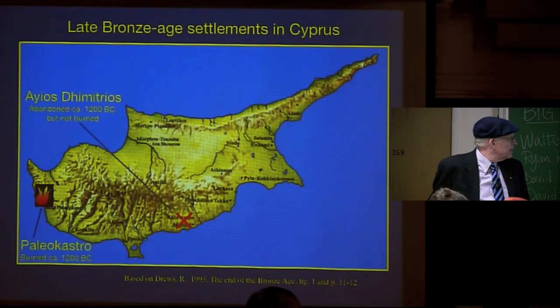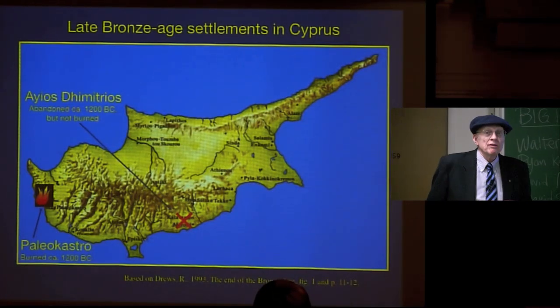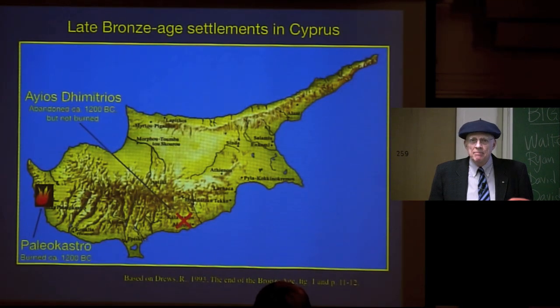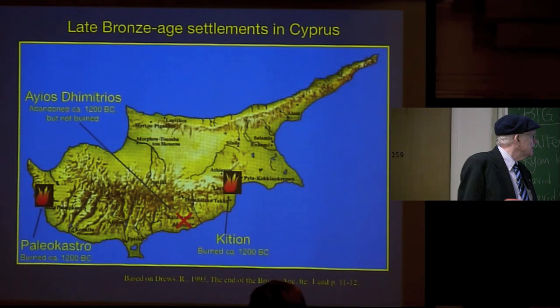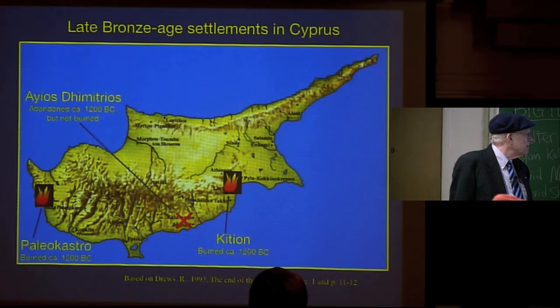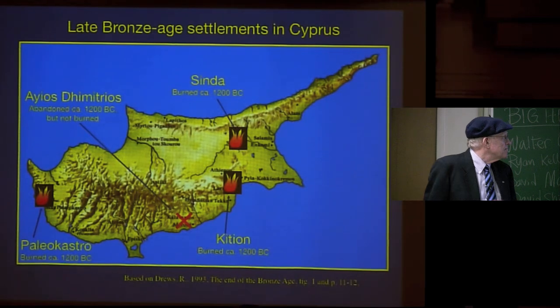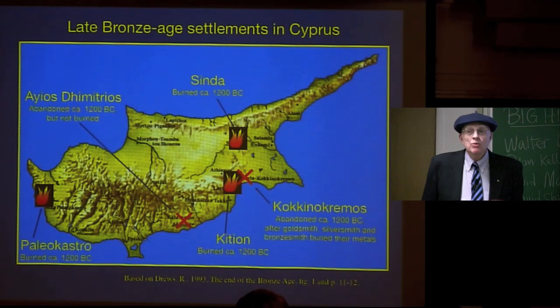I won't even try to pronounce that. But this is a city that was abandoned in 1200 BC. It wasn't burned, but people just left and they never came back. And it was covered over and forgotten. Kition, burned about 1200 BC and abandoned. Sinda, burned about 1200 BC. Here's another one with an impronounceable name that was abandoned in 1200 BC.